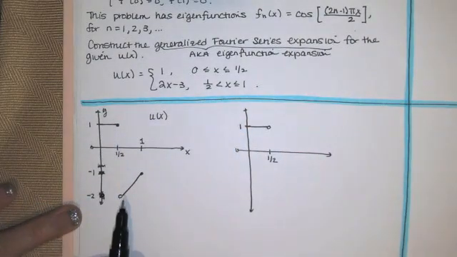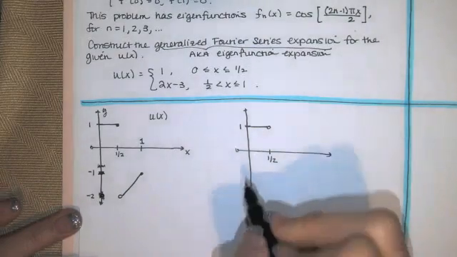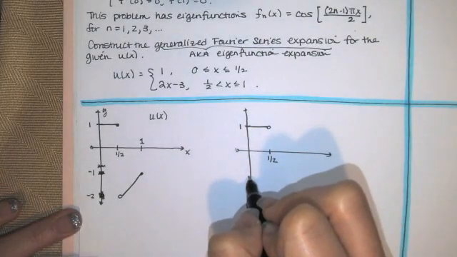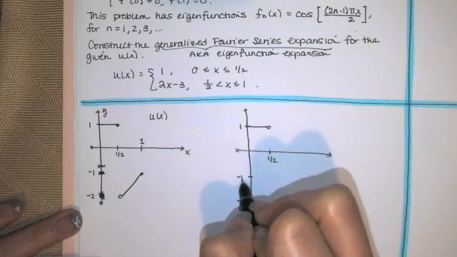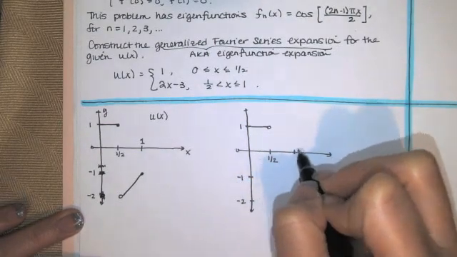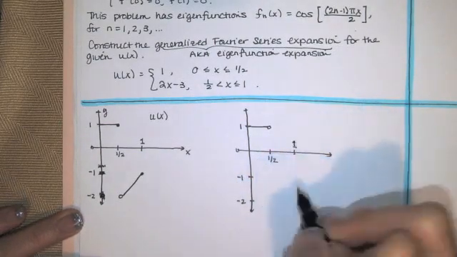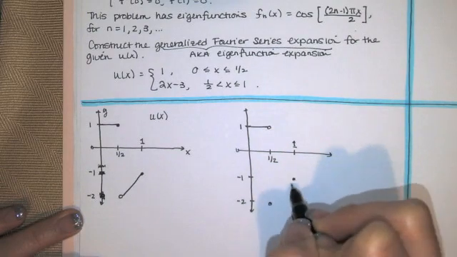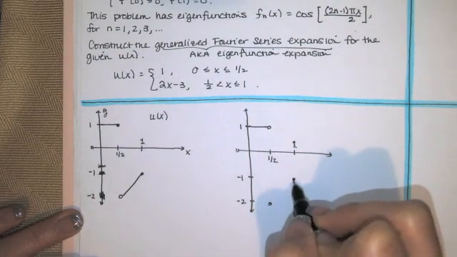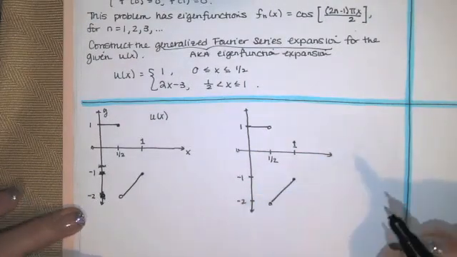But at 1/2, we've got a jump discontinuity. So things are a little different at 1/2. So there's my -1, there's my -2. At 1, we do get -1. And we still have that open circle at x equals 1/2, y equals -2.